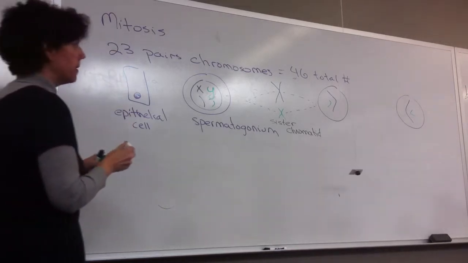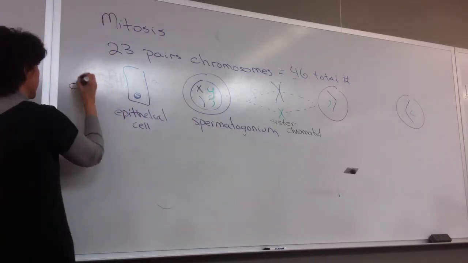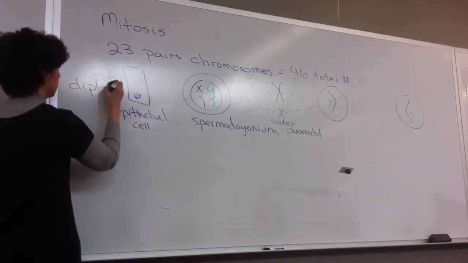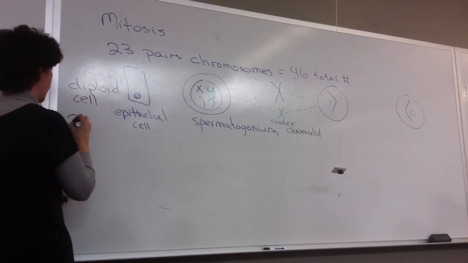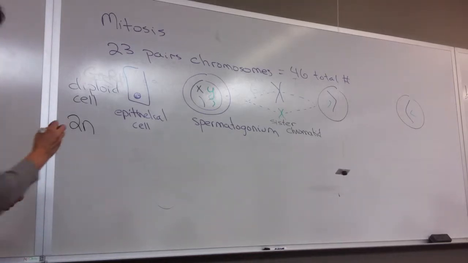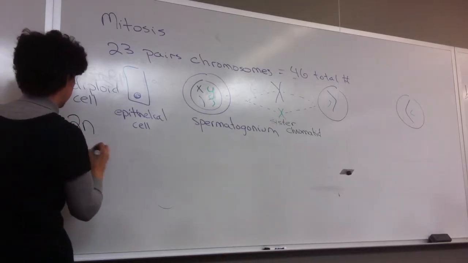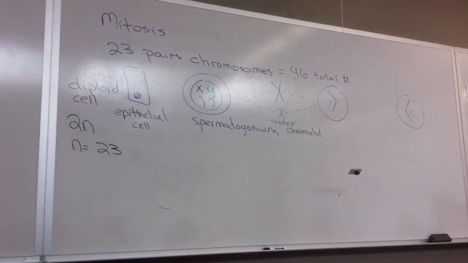This pattern of chromosomal component is known as a diploid cell. And that is classified as 2N, where in the human, N equals 23. Okay?